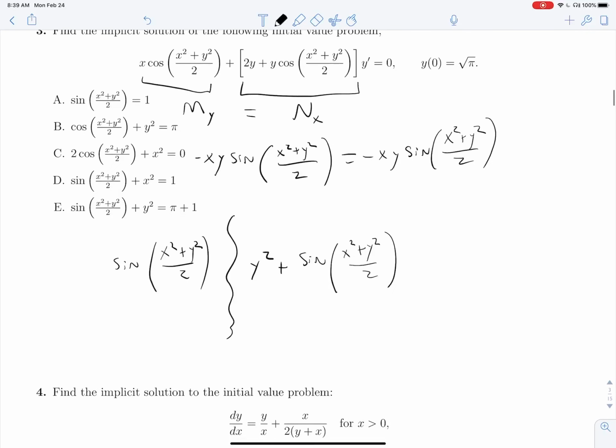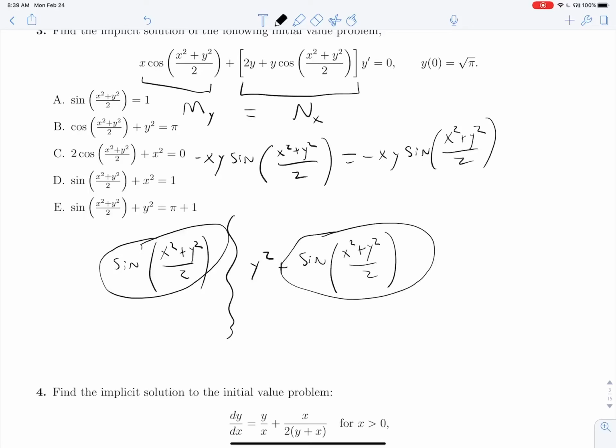And so since both of these functions come from one overall parent function where M is just the partial derivative of that function with respect to x, and N is the partial derivative of that function with respect to y, we can only count one of these sines.